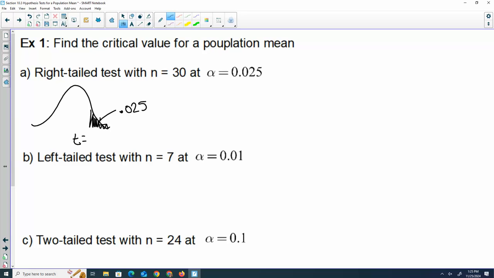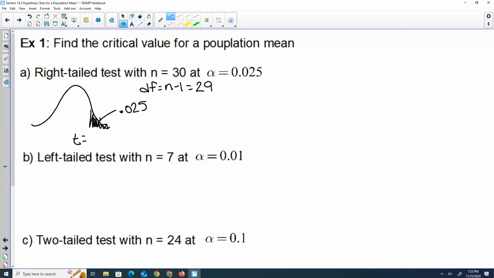Now, this table does give us area to the right, so we're good there. Then we need to know degrees of freedom. How do we define degrees of freedom? N minus 1. So it would be 29 degrees of freedom. So we go down to 29 on our table.